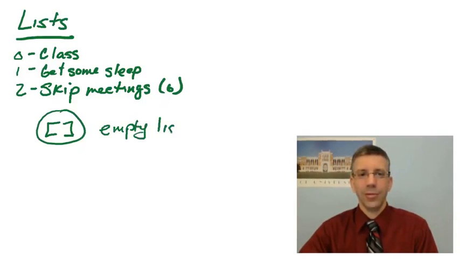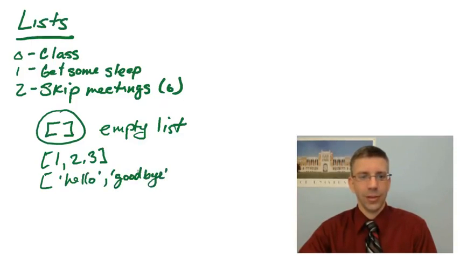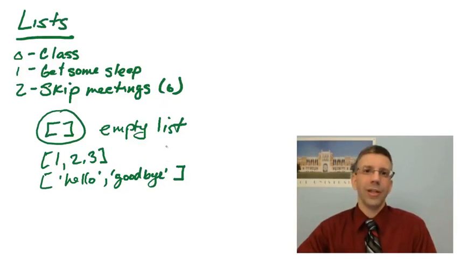So I have the square brackets around it. I could create a list of numbers: 1, 2, 3. I could create a list of strings, and don't forget the quotes around them. All of these things are lists, and they associate 0 or more pieces of data together.